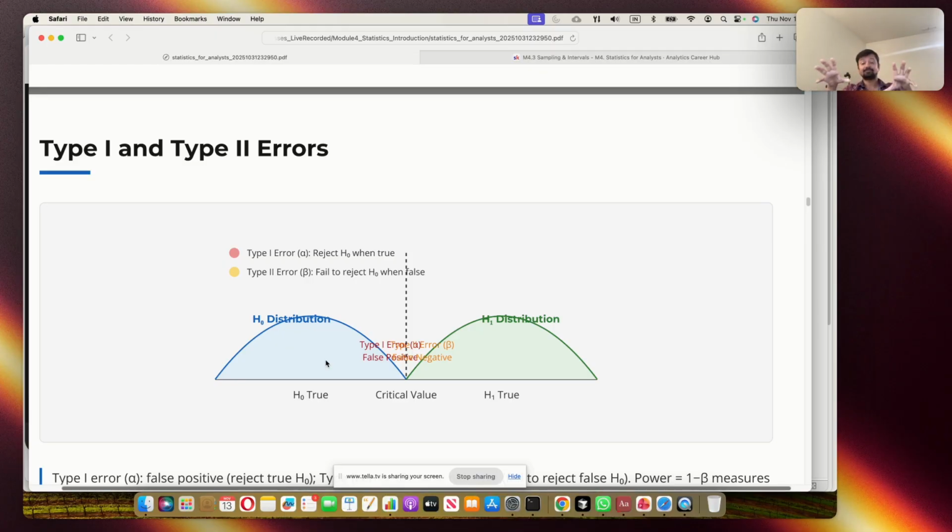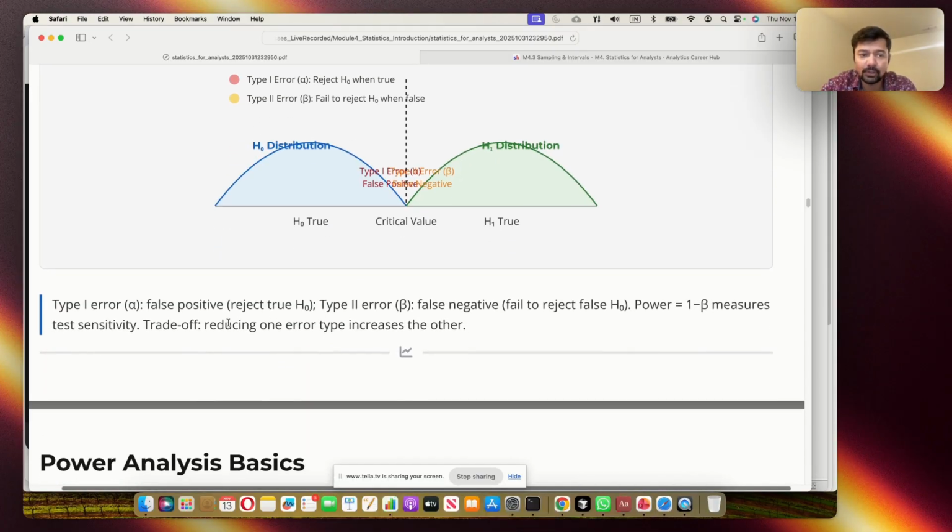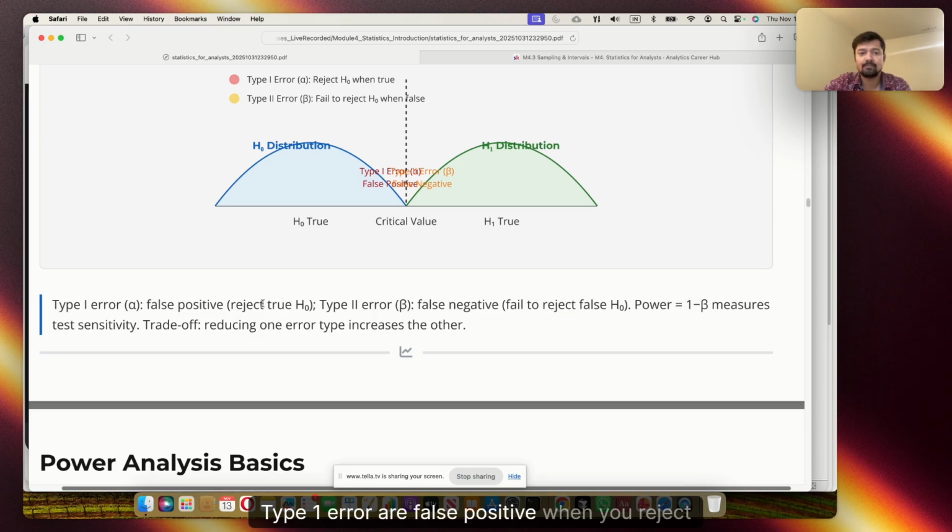That means you fail to detect whatever is there. That is your type 2 error, and those are the false negatives: those should be positive, but you are detecting them as negative. These two error types are very, very important. Type 1 error is a false positive, when you reject a true null hypothesis.